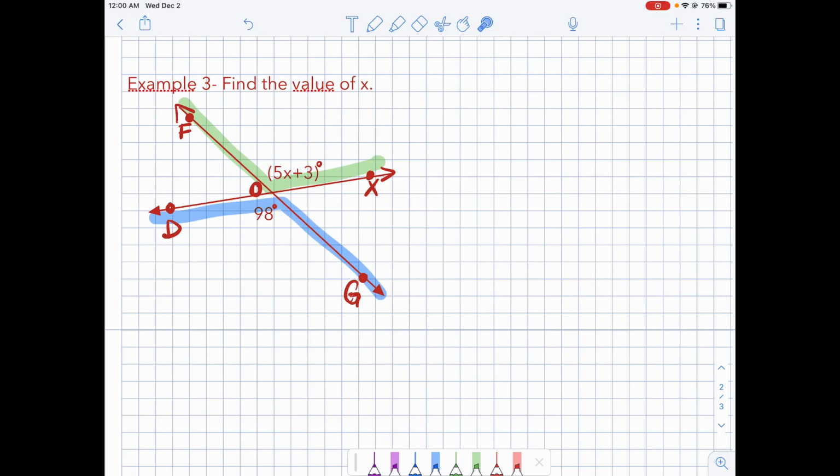So all we got to do is write our congruent statement. Remember, that's the first thing I'm going to help you with, and then I'm going to ask you to press pause and find the answer. So we're going to go ahead and write the green angle, which is the first one that I highlighted in green.